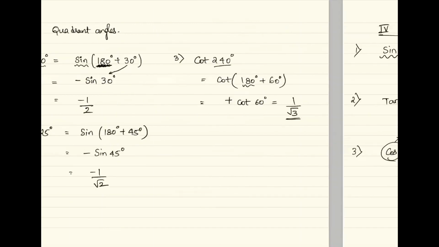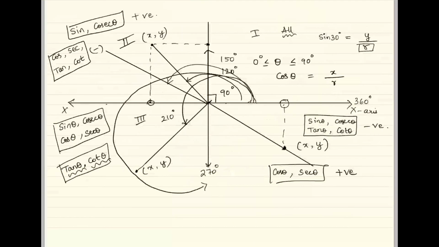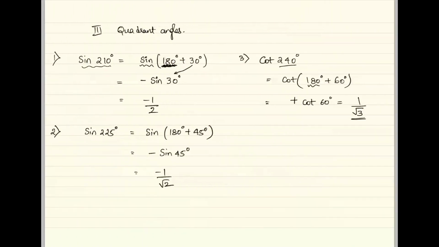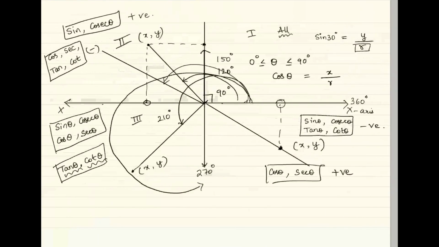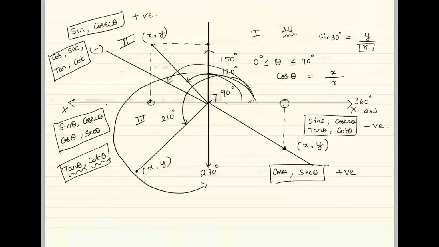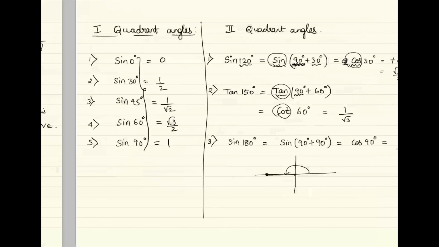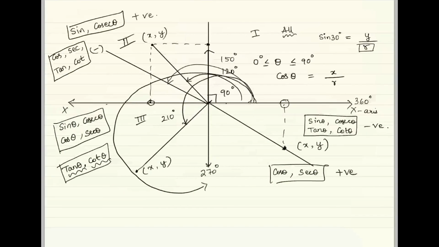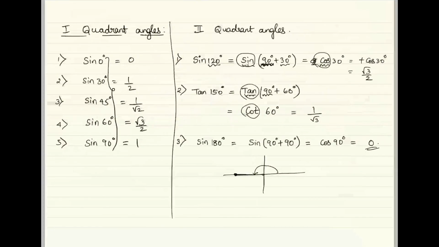Alright, so we have discussed how to find sine, cos, tan and their reciprocals for any angle given in all these four quadrants. Any angle means those which are linked to the standard angles 0 degree, 30 degree, 45, 60 and 90 degree. So you can try to become familiar with these angles.